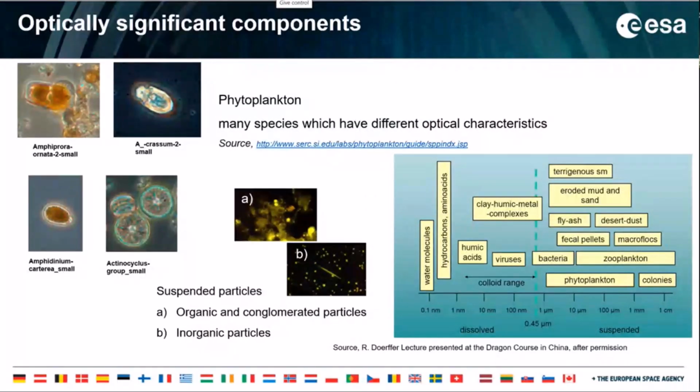So what is in the water? You have the water molecules themselves, but you have algae, or what we call phytoplankton, and you have suspended material and dissolved material. This is part of the phytoplankton, and this is part of the species. We have many species. I just listed four to show you how they look.